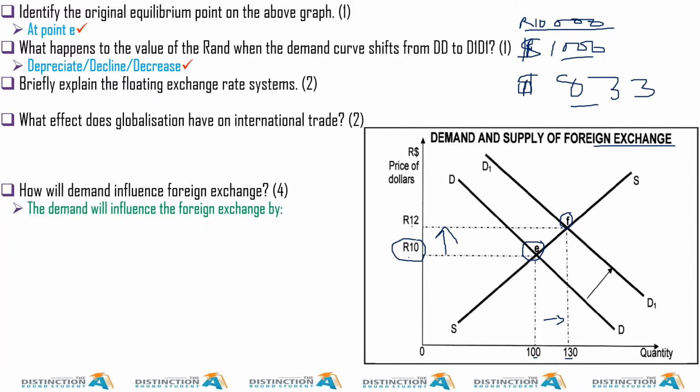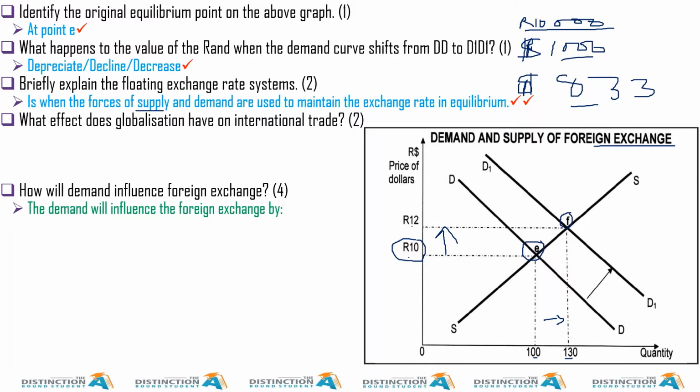Briefly explain the floating exchange rate system. Okay, this one here is a floating exchange rate system because it uses forces of demand and supply. If it's not a floating exchange rate system, it's a managed exchange rate system where the central bank intervenes, or if it's not managed, it's fixed.